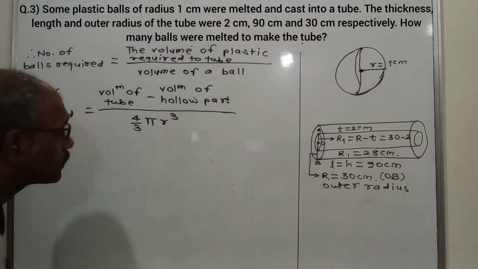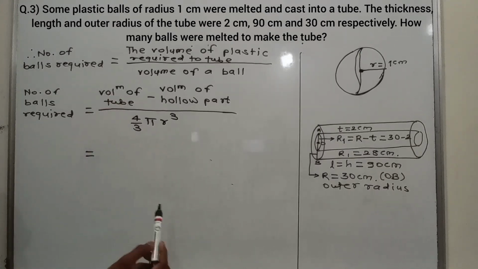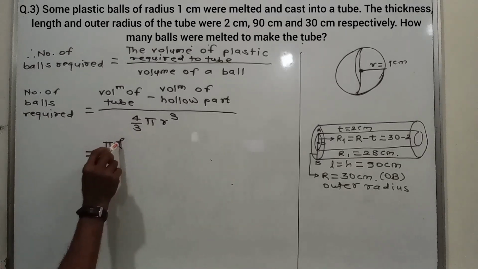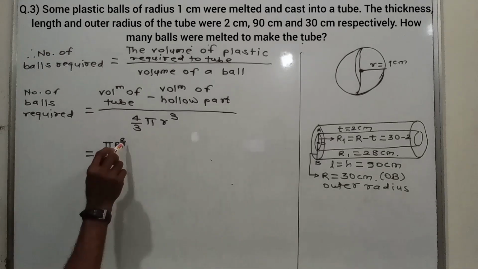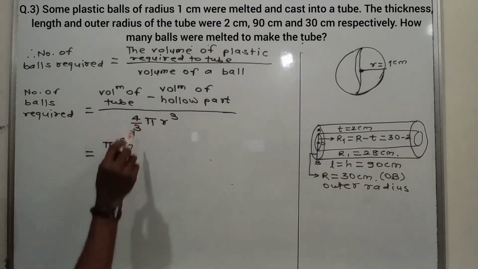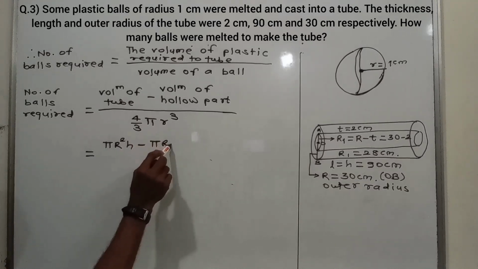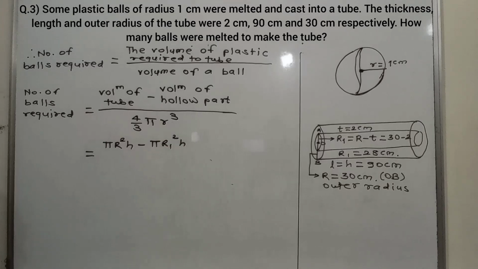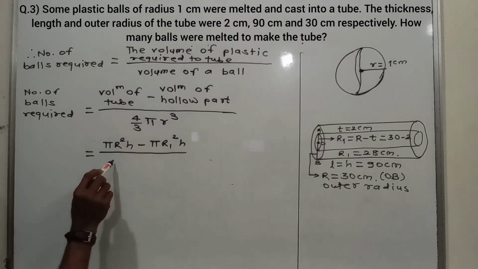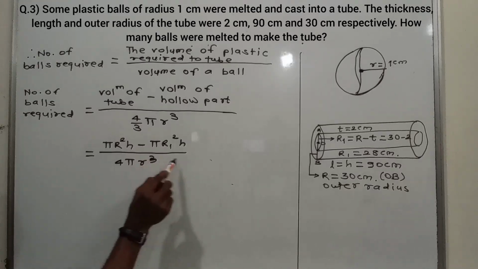Therefore, here volume of tube is pi capital R square h, minus the hollow part pi R1 square h, upon 4/3 pi small r cube.